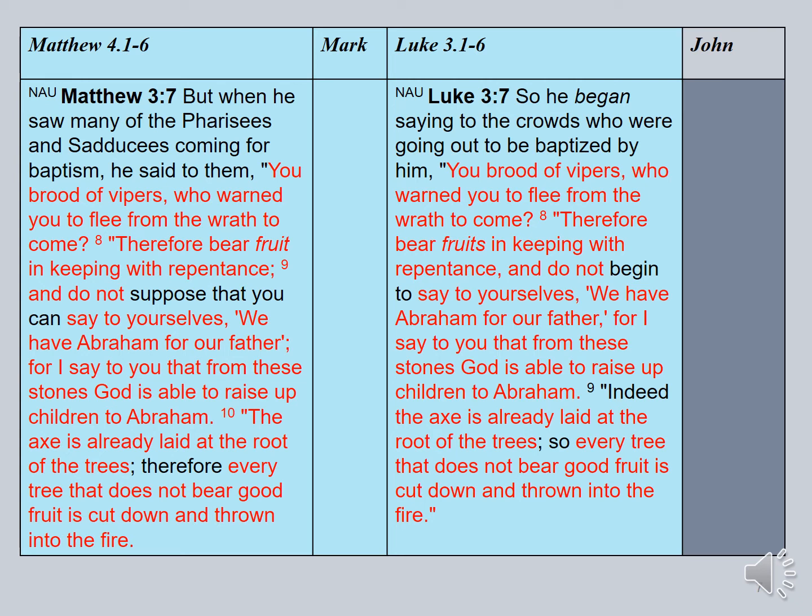We don't have to call that Q. So we have to be very careful about saying that Q was a single document, a written document that Matthew and Luke had. What we can say is that there's something other than Mark that was written down that Matthew and Luke used independently. And most likely it isn't all of those 200 verses.